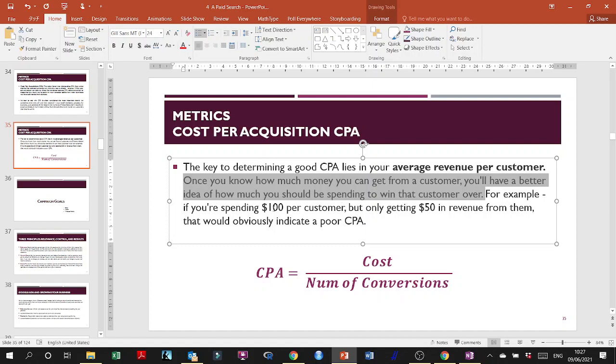For example, if you are spending $100 per customer, but only getting $50 in revenue from them, then that is obviously a very poor CPA. Or even if you're getting $150 in revenue, but actually your profit is less than $100, I see what they mean by revenue.